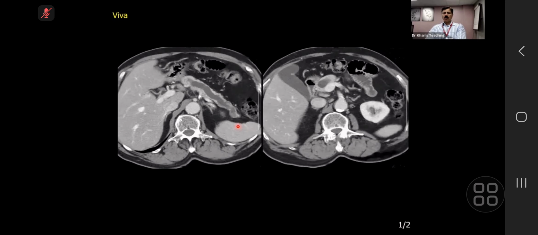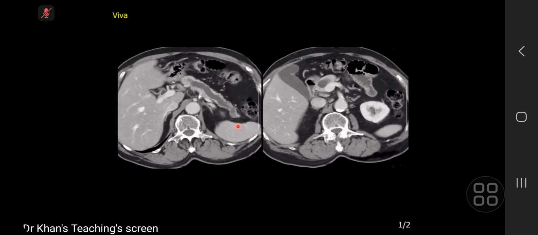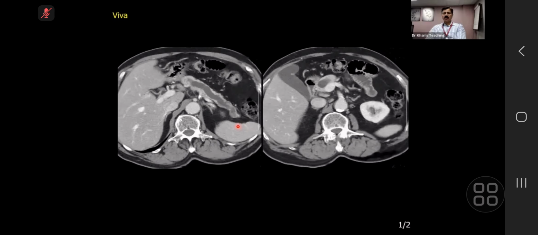But the counter argument is that if there was a pancreatic adenocarcinoma in this location, with so much dilatation, by now there should be a double duct sign also. This is the distal end, right? But coming back to the differential, other than that, you said main duct IPMN. Yeah, main duct IPMN. Okay, very good.